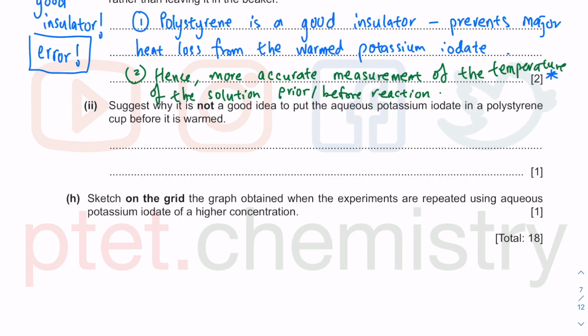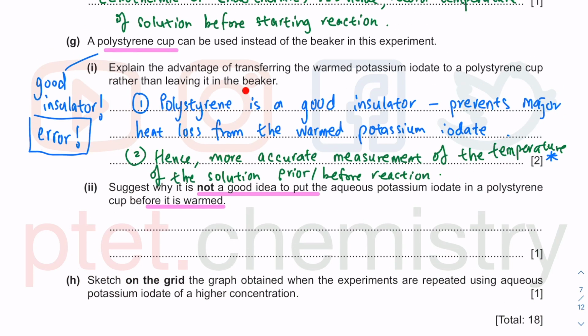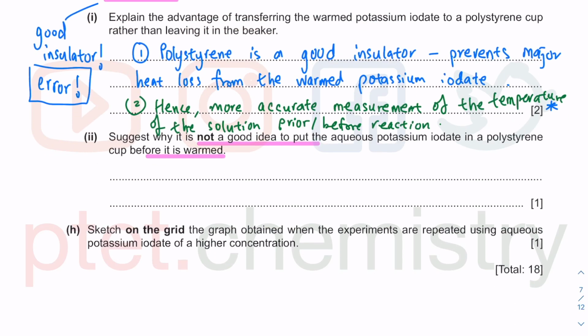However, why is it not a good idea to put in the aqueous potassium iodide before it is warm? So just now they say, what is the advantage? Why is it good? But then, why is it not a good idea to put it in there before it is warm? We can put it in there after we have warmed the potassium iodide and it'll be good. But then if we put it in there, that means we still have to heat.